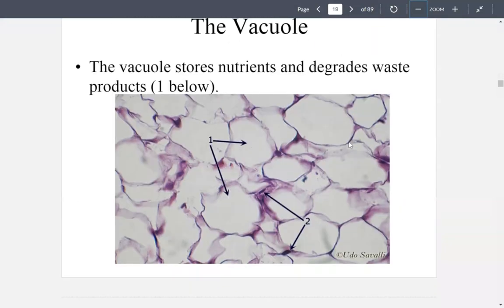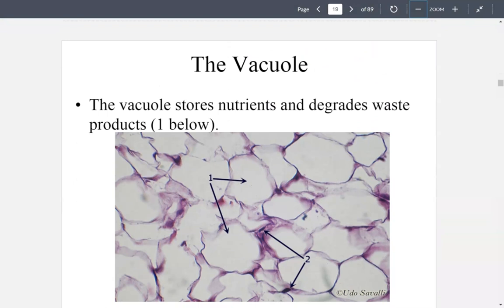Within cells, we have pouches called vacuoles. Vacuoles are pouches that store nutrients and contain enzymes, depending on the type of vacuole, to degrade waste products.